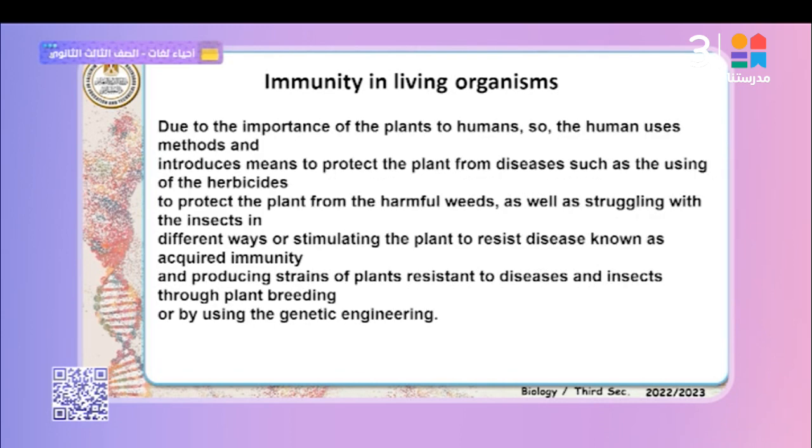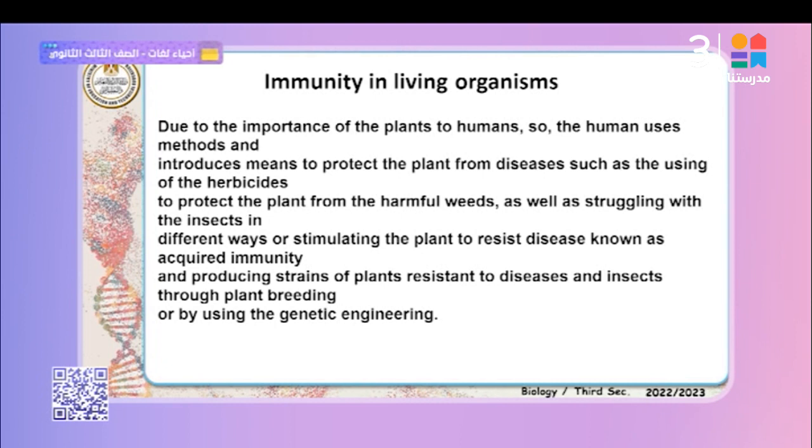Due to the importance of the plant to humans, humans use methods and introduce means to protect the plant from disease, such as using herbicides to protect the plant from harmful weeds, as well as fighting insects in different ways, or stimulating the plant to resist disease, known as acquired immunity.